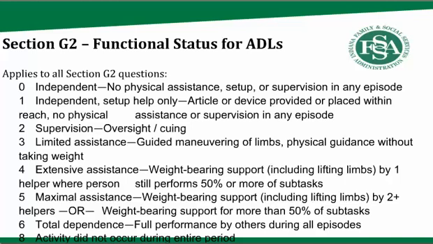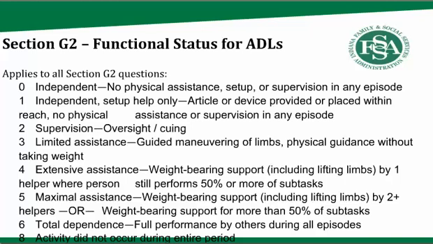Maximal assistance, again, weight bearing is provided by a helper, and this includes lifting of limbs by 2 or more helpers, or weight bearing support by one person, and that one helper is performing more than 50% of the tasks. So again, you're helping that person put their arm in the sleeve of their shirt, but you're also providing additional help.